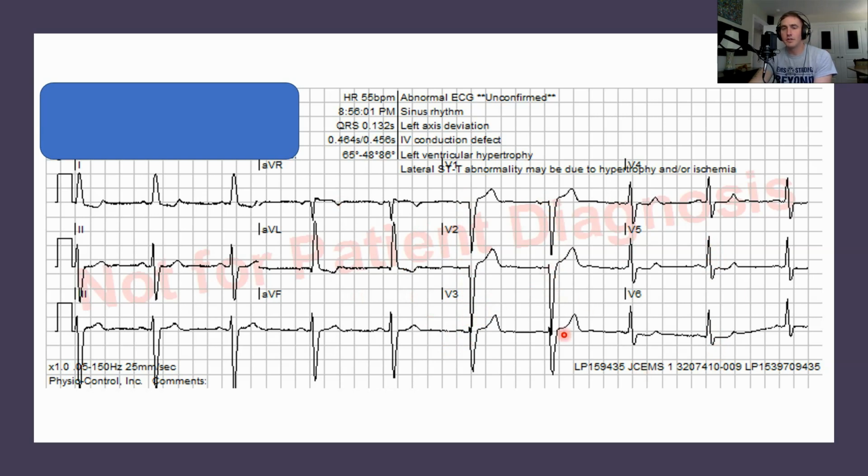So there is 5, 10, 15, 20, 20 and some change, 25, 30. So it's very close. But if you look at AVL, you've got 5, 10, definitely more than 11 millimeters of QRS in AVL. But you also have this hockey stick pattern.